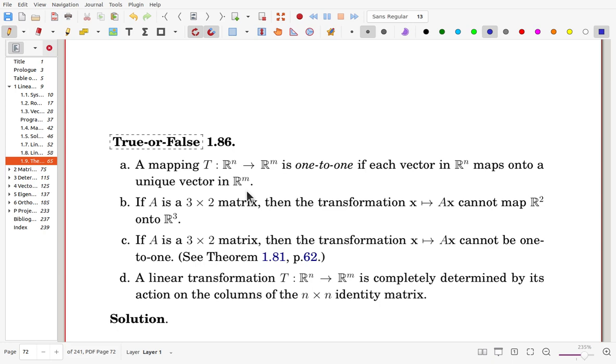In fact, this is false. Let's look at the statement after the if. Each vector in Rm here maps onto a unique vector in Rm.